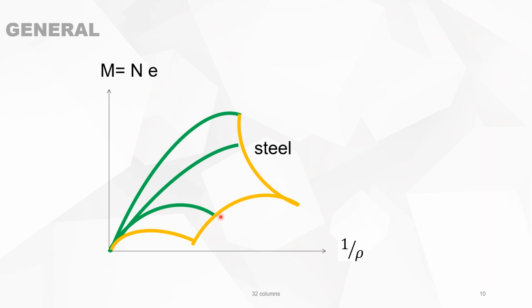Other lines break down here, and then it's the concrete which is crushed. But before the concrete is crushed, you have another line which indicates when the first cracks appear. So you have different equations for M and the curvature, and you have the different situations, where either the steel or the concrete is the cause, and this is where the concrete is cracked.